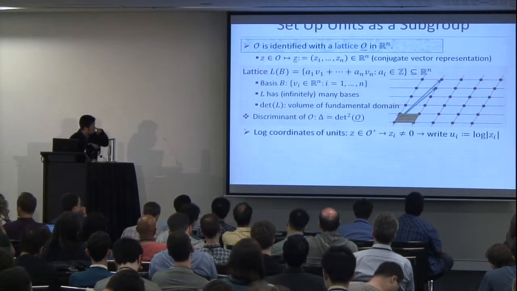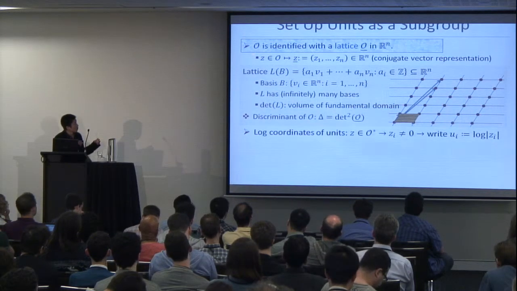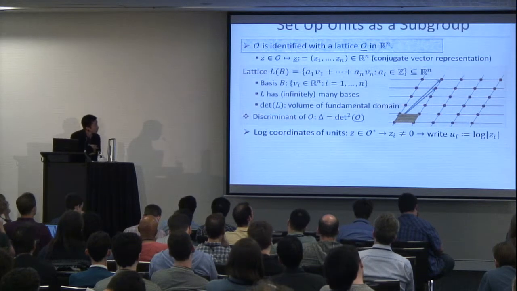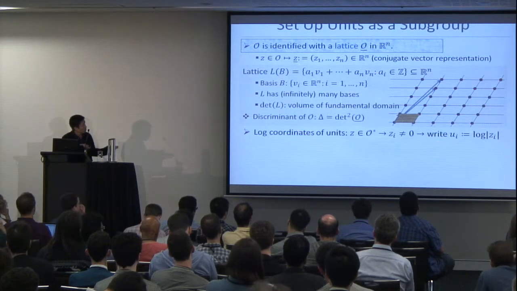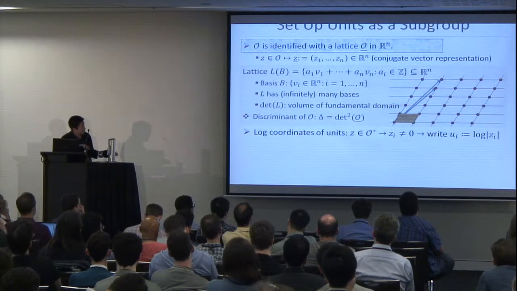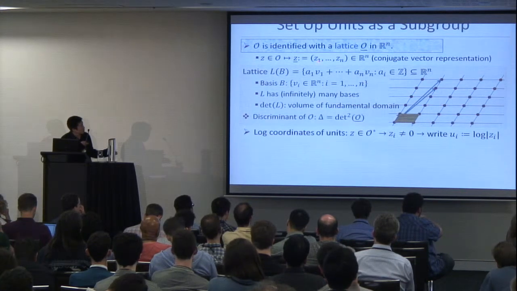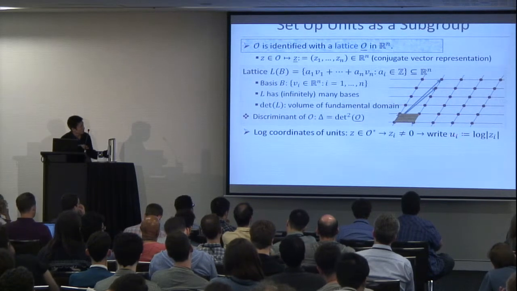Okay, now back to units, the invertible elements in the ring of integers. It's often convenient to write the units in the so-called log coordinates. Basically, we take the logarithm of each coordinate in their conjugate vector representation, which I denote by ui.